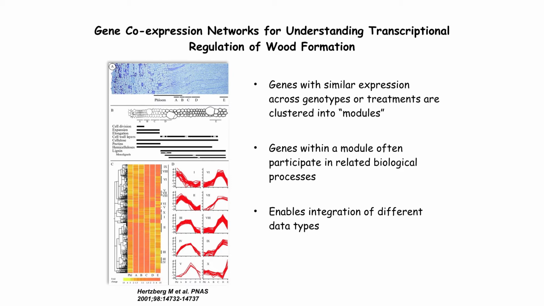And what you can see is that they were able to identify groups of genes that showed very similar expression patterns. So for example, in this particular group, they were expressed in secondary phloem, highly expressed in the cambium, and then lower expressed during wood formation.